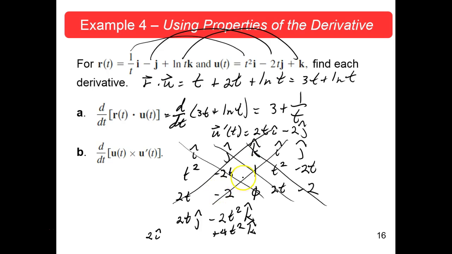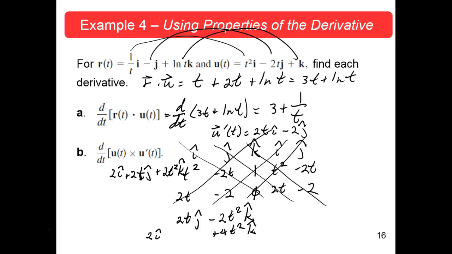It's positive because you negated that minus sign. And then when you go up the last one, what do you get? 0. Okay? Combine these together, and this thing right in here is 2i plus 2tj. And combine those two, and you get 2t squared k. Okay?